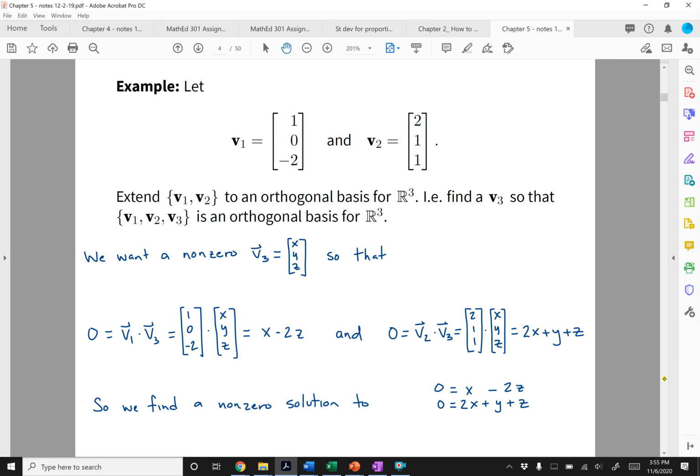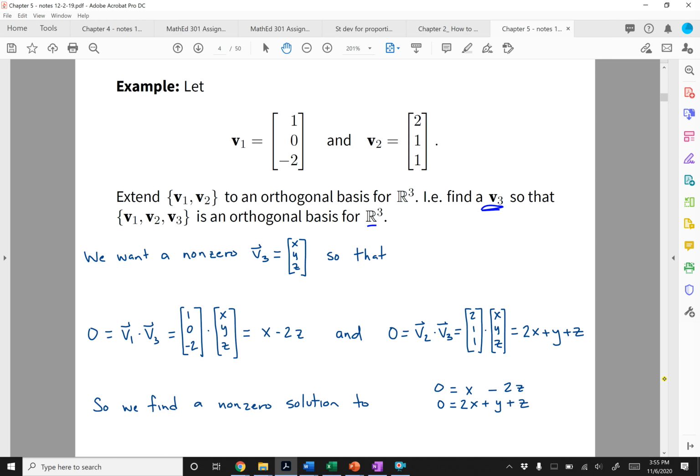So we want to add not just anything that's linearly independent. We want to add a vector that is orthogonal to these two. So our task is to find v3 so that adding v3 maintains it being an orthogonal set, and it's a basis for R^3.